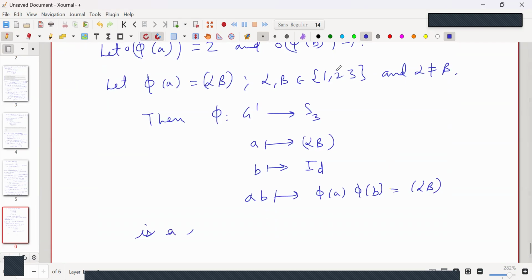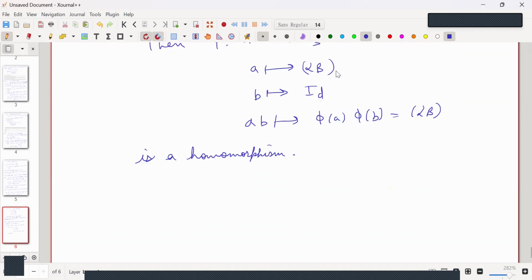And how many choices are there? There are three such choices for phi.